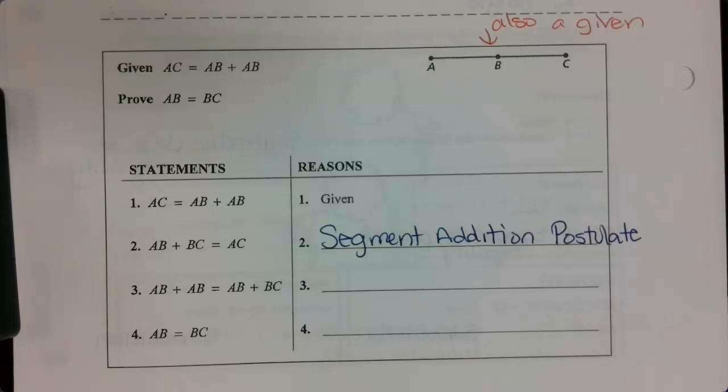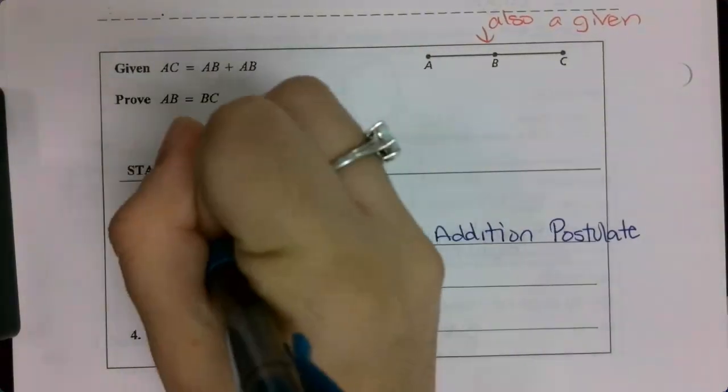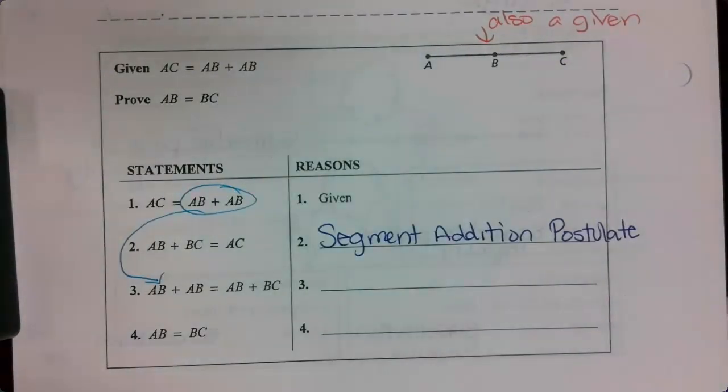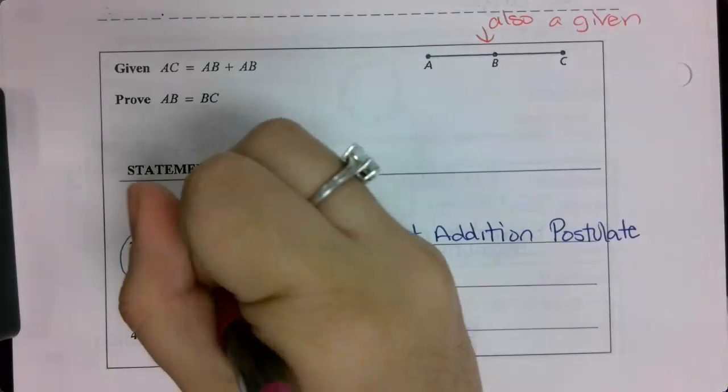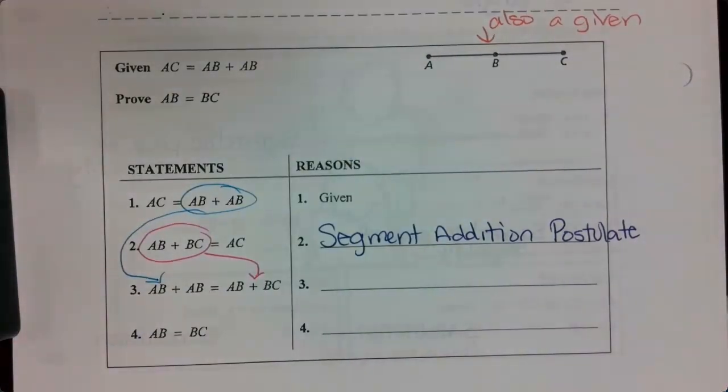Then from steps 1 and 2, how do I get step 3? I have AB plus AB equals AB plus BC. So notice, this is my left side. And this is my right side. How can I set those two equal to each other? What property have we talked about that allows me to do that?